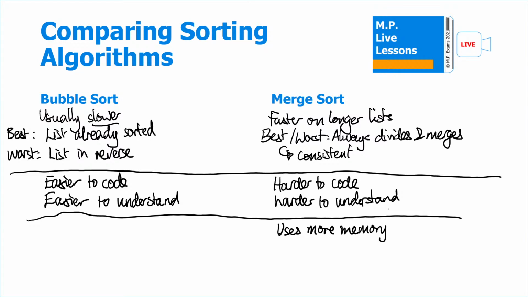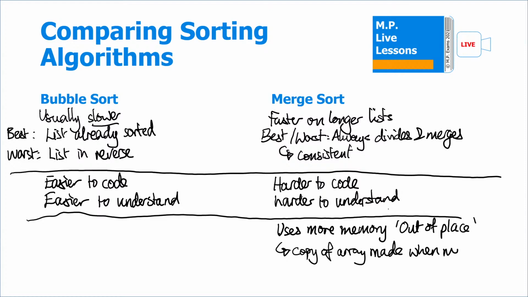So this is called merge sort out of place. Whereas bubble sort really only needs the list itself, so it uses less memory.